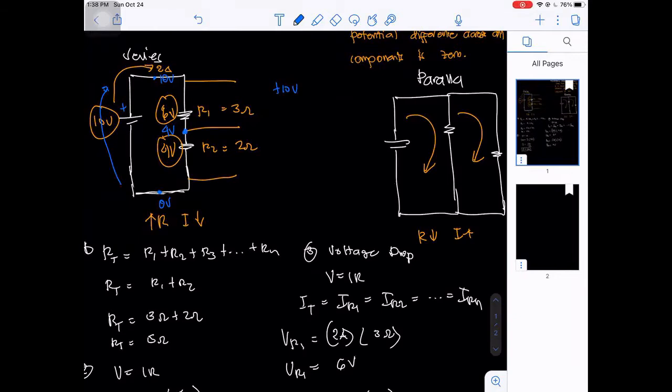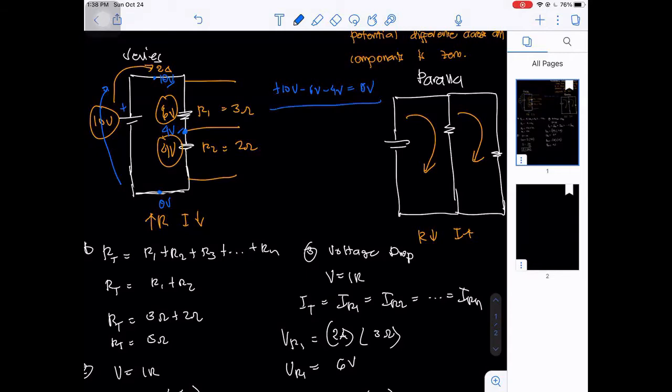And from 10 volts to 4 volts, we have a voltage drop of 6 volts, so minus 6 volts. And from 4 volts, we again have a voltage drop of 4 volts. So minus 4 volts. So 10 volts minus 6 volts minus 4 volts is equivalent to 0 volts.